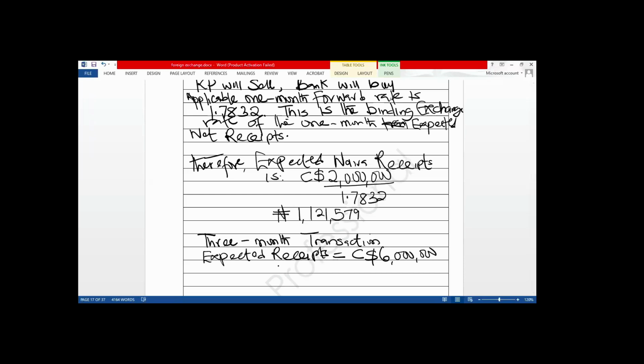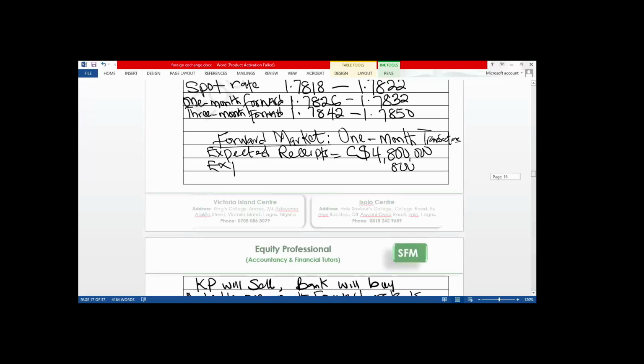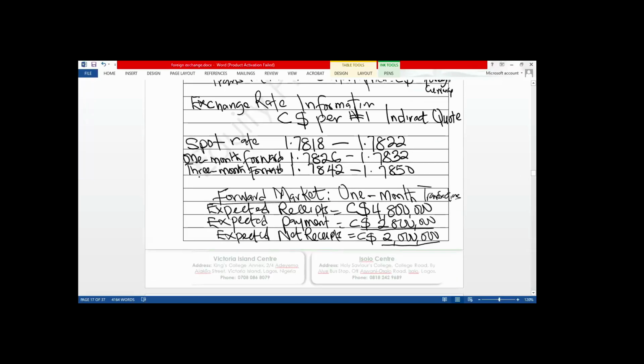When we get the dollar, we are going to approach our bank. We are going to sell, the bank will buy. That means KP will sell, bank will buy. Under indirect quote, the bank will buy at the higher rate. Go and look at the rate you are given. We now come to the 3-month forward rate.